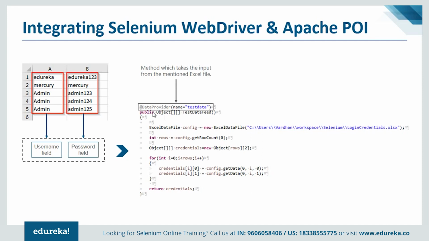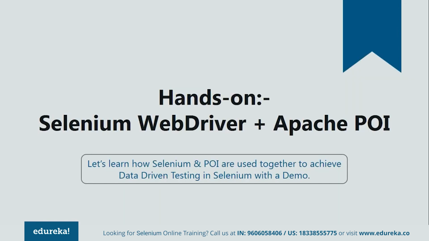So here is where I'm using the data provider, and I'm calling that Excel file. I'm providing the path where it's present. This might be a little confusing right now, but when I get started with the demonstration, I can explain it in a better fashion. So let's go to the hands-on now and see how this can be achieved.